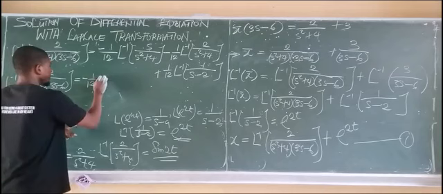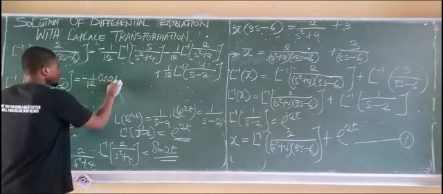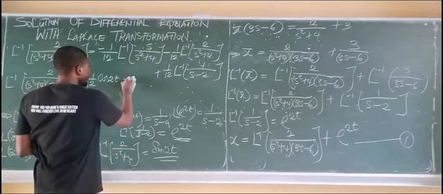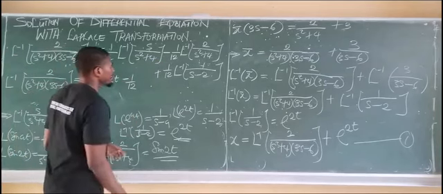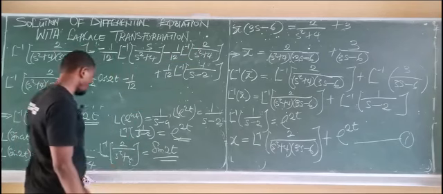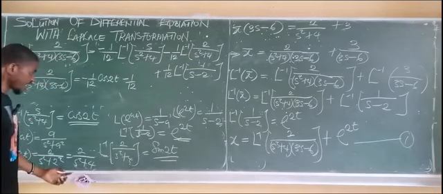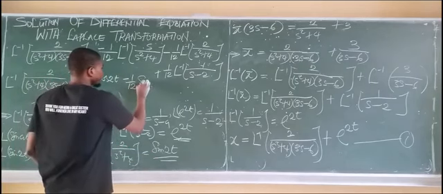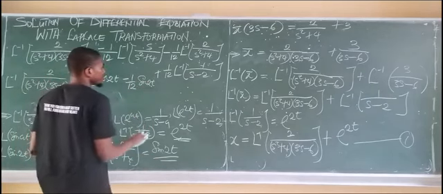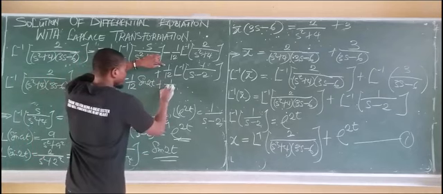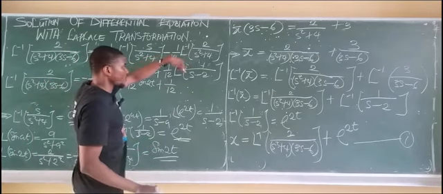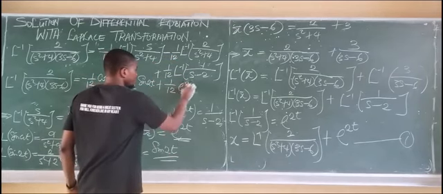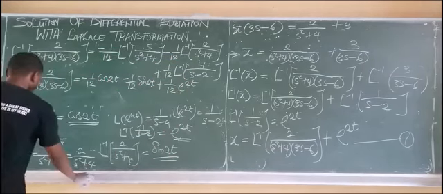So times cos 2t, okay, minus 1 over 12 again, so minus 1 over 12. Laplace inverse of 2 over s squared plus 4, that simply gives us what? Sine 2t over here. So this times sine 2t, okay, plus again 1 over 12. The Laplace inverse of 1 over s minus 2 simply gives us exponential 2t, so times exponential 2t.